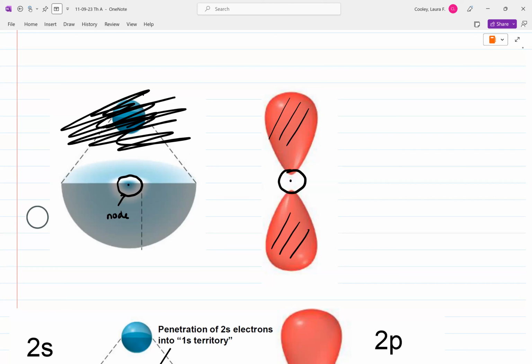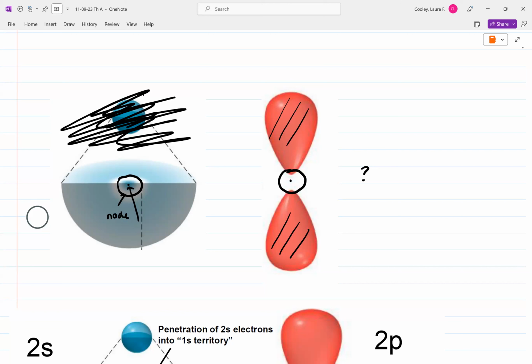When electrons are in between the nucleus and a given electron, they cancel out the most nuclear charge. So which is going to cancel out more nuclear charge here? In the 2s, you've got this region where you have some probability of finding that 2s deep within 1s territory.